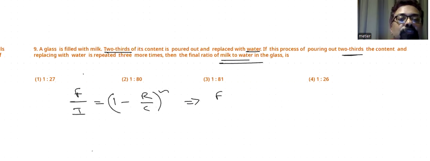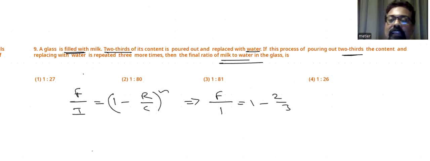Initially, the glass is filled with milk. In a fraction-based question, total is 1. And it is 2/3. And it happens first once and replacing 3 more times. Total 4 times. So power 4. So 1 minus 2/3, 1/3.